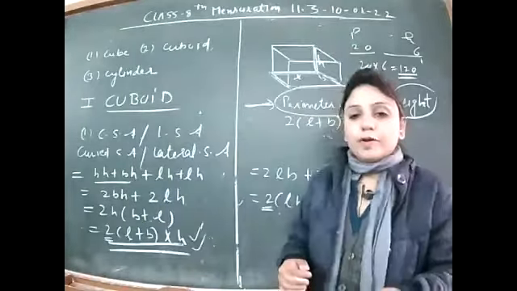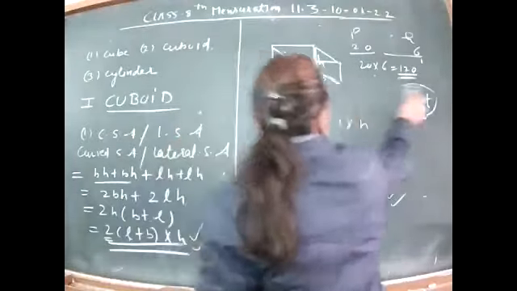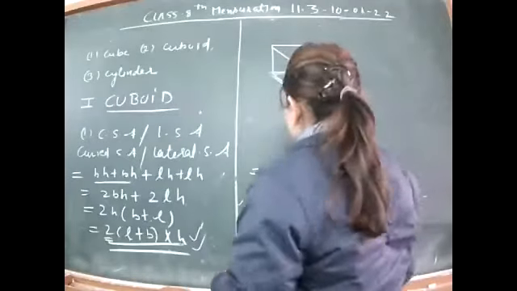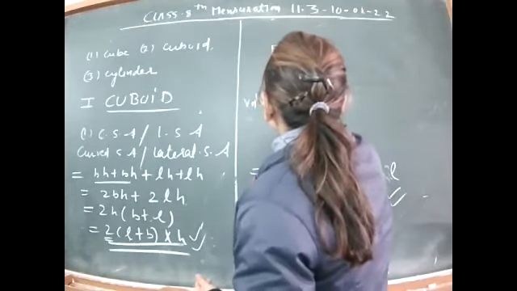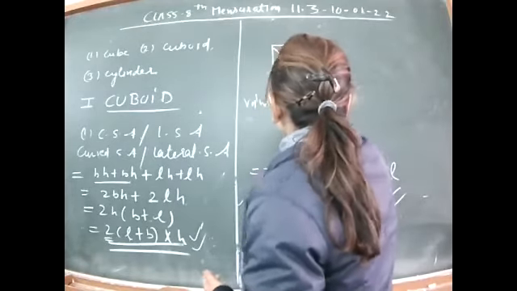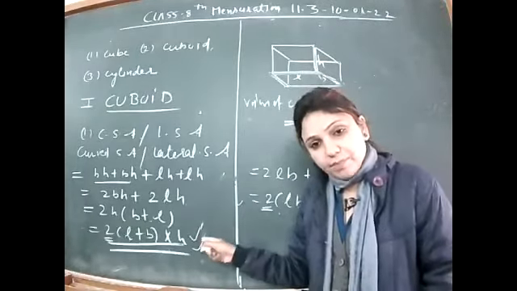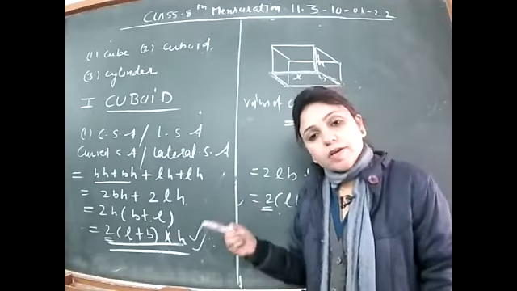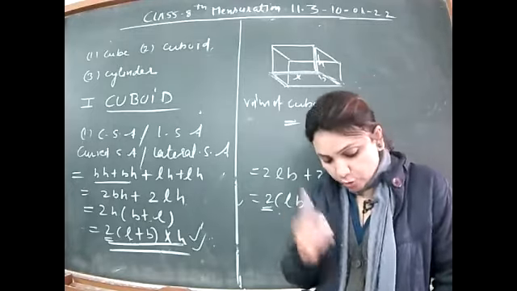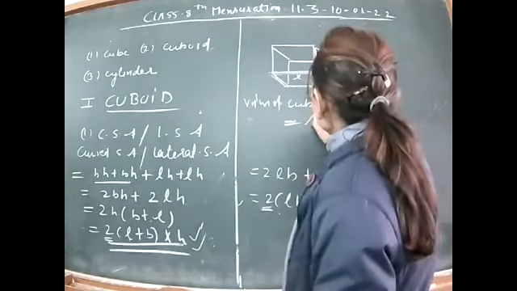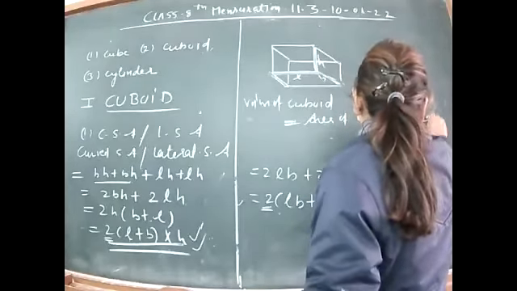Volume of the cuboid, right? Let's go, the third thing we are going to discuss is this. As I told you, curved surface area is derived by using perimeter of base into height. Similarly, volume of a cuboid, volume of a certain 3D object, is obtained by using area of base into height.